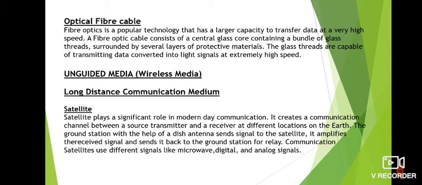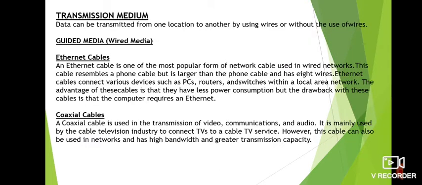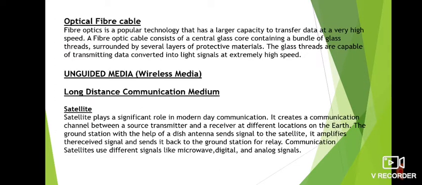The glass threads are capable of transmitting data converted into light signals at extremely high speed. It means optical fiber cables have higher speed compared to coaxial and Ethernet cables.